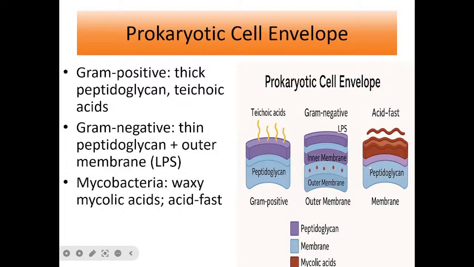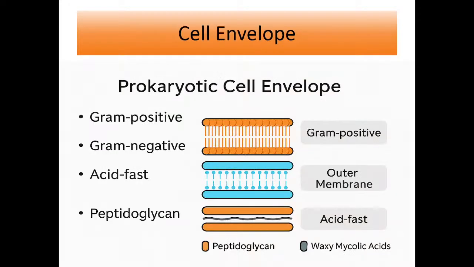But the third one, which is called the acid-fast group, contains mycolic acid. In addition to peptidoglycan and some others, they have what is called waxy mycolic acid. So that's why they call them mycobacteria. Okay. Now, the cell envelope is just another way of understanding what we have been saying so far.